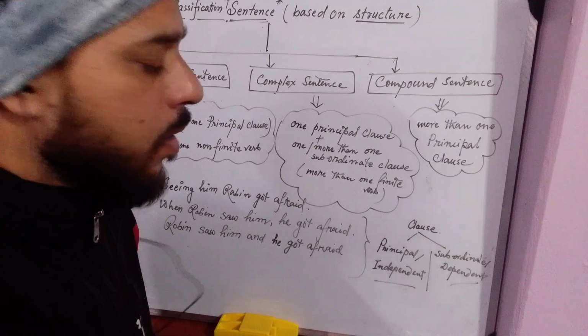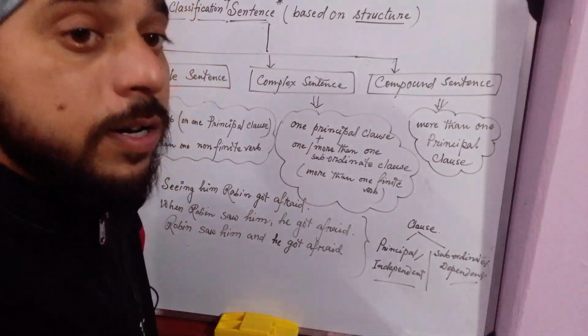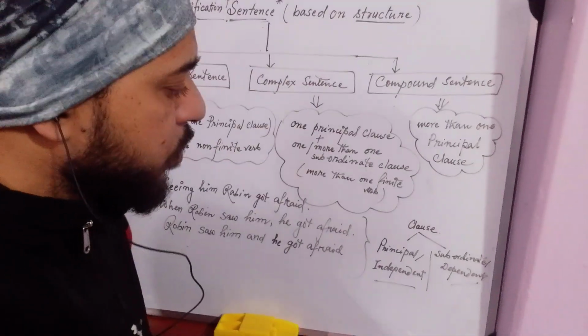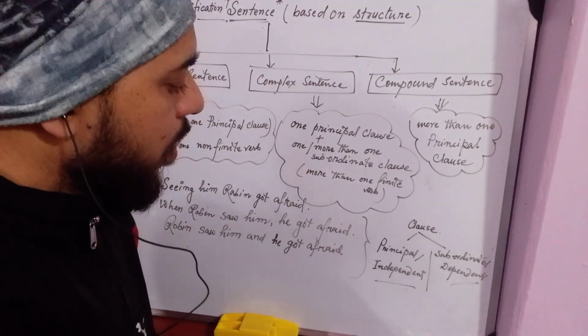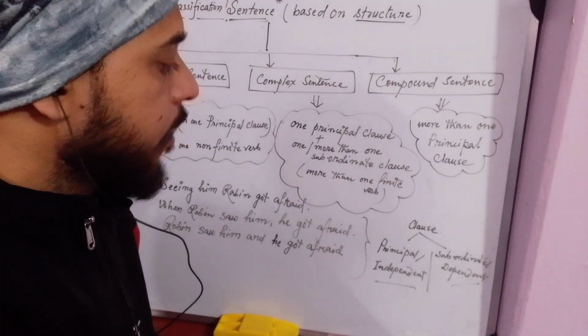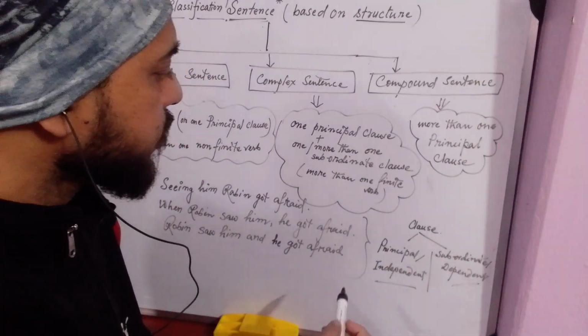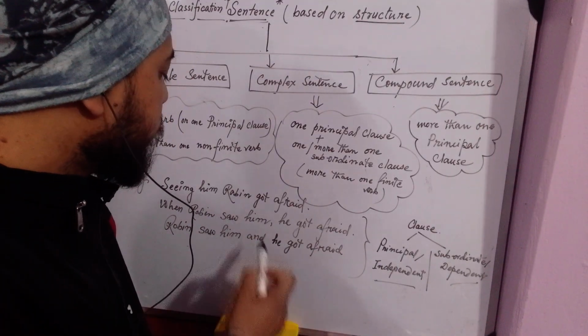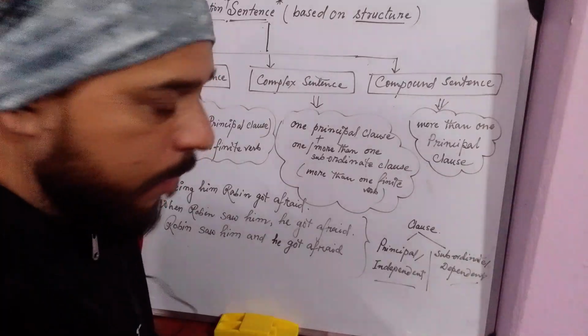A clause is a sentence within a longer sentence. Got it? Clause is of two types: principal and subordinate, or in other words, independent clause or dependent clause. Now just take an example: When Robin saw him, he got afraid.